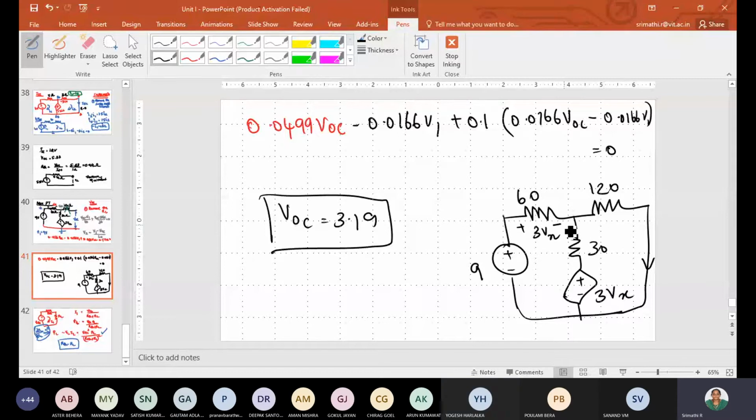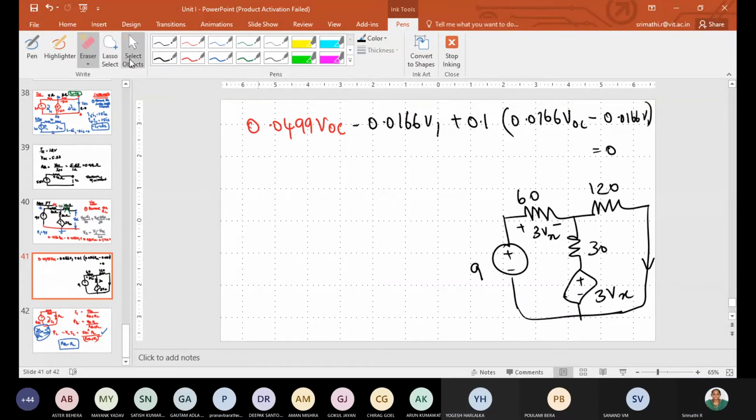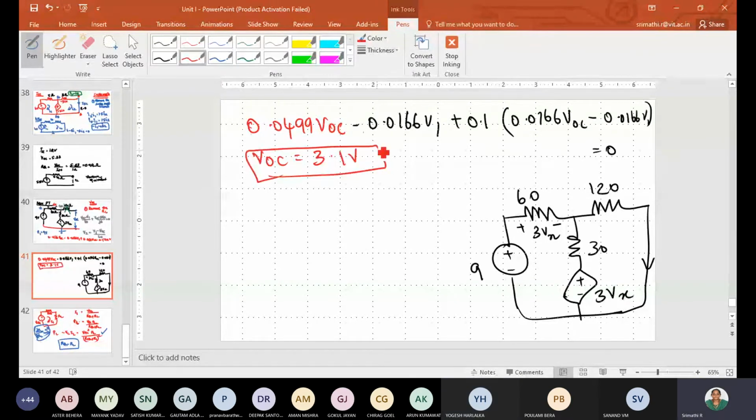So now use your mesh analysis again. Now we are using mesh analysis, right? So it will be a super mesh.